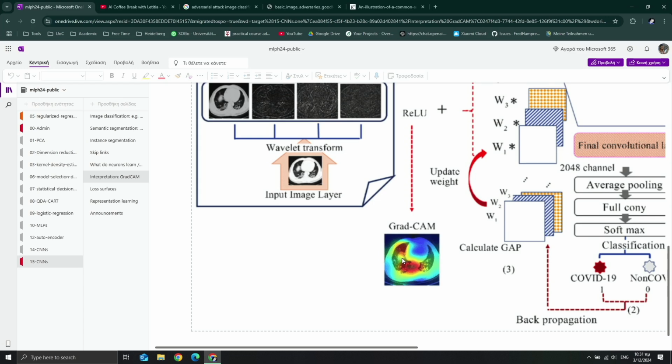It's a way which has become quite popular. And there are many derivatives of this. There's GradCAM++ and other versions. And people find this useful in understanding what a big CNN with millions of parameters does. All right.